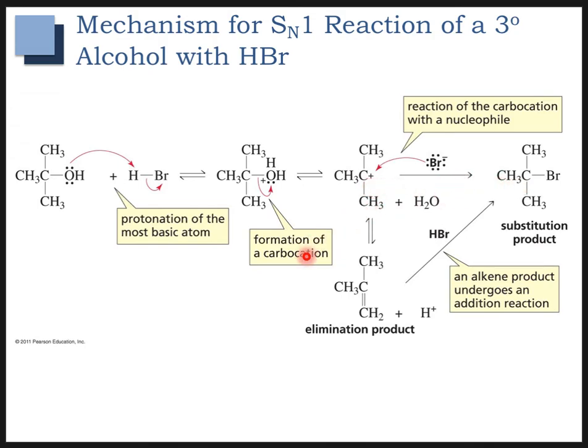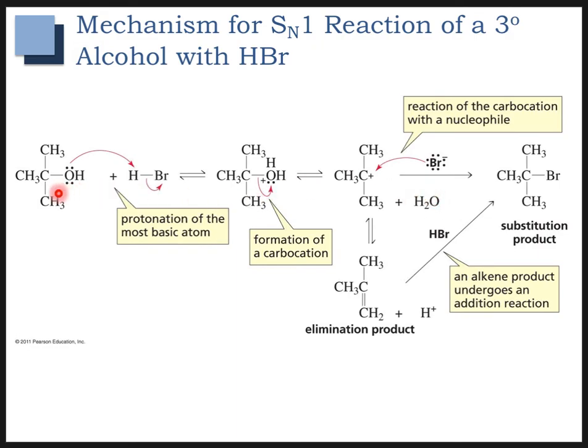One thing that's interesting, and we'll come back to this later, is that there is some elimination product that is potentially formed, but in a side reaction, any of that formed would still form the same product. And so we'll come back to this a little bit later when we talk about these types of reactions. One thing you do have to keep in mind is that any time you have an SN1 reaction of a secondary alcohol, you can potentially have carbocation rearrangement.